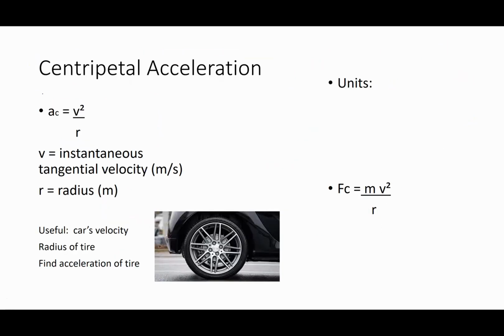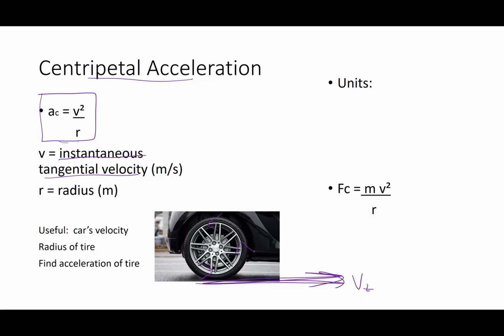A new equation is this one. Centripetal acceleration is velocity squared divided by r. Now, a_c is centripetal acceleration. v is that instantaneous tangential velocity. Remember we talked about if you've got a tire or something going around like this, and it has a velocity at an instant going forward, that's the instantaneous tangential velocity, measured in plain old meters per second.